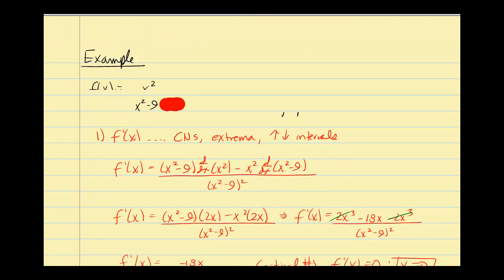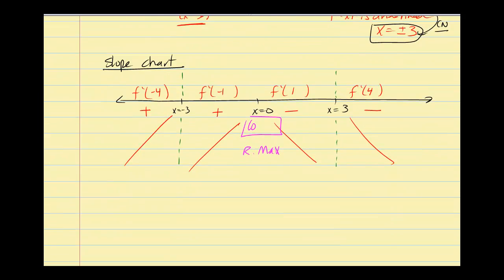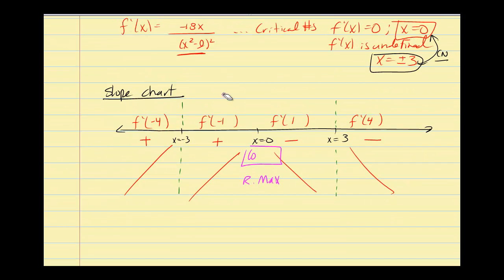Our original function was x squared over x squared minus 9. So when I plug 0 into x squared over x squared minus 9, I'm left with 0. So I do have a relative max.